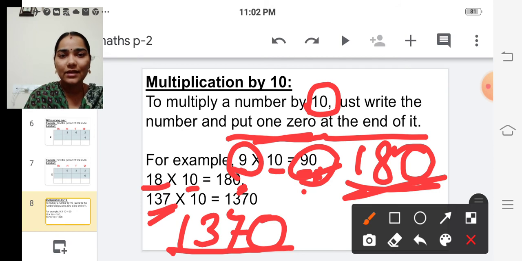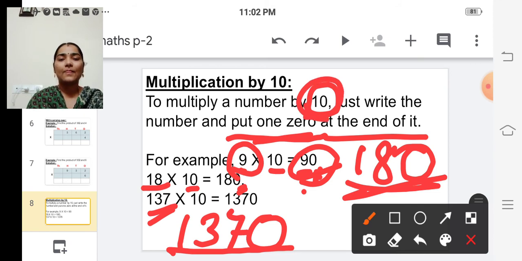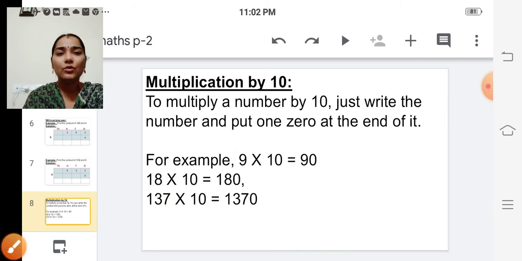Is it clear, children? It is applicable for the numbers multiplied by 10. Is it clear? Yes. So we have to write the number as it is, and we have to put 0 at the end. That's it. So have you all understood, children?